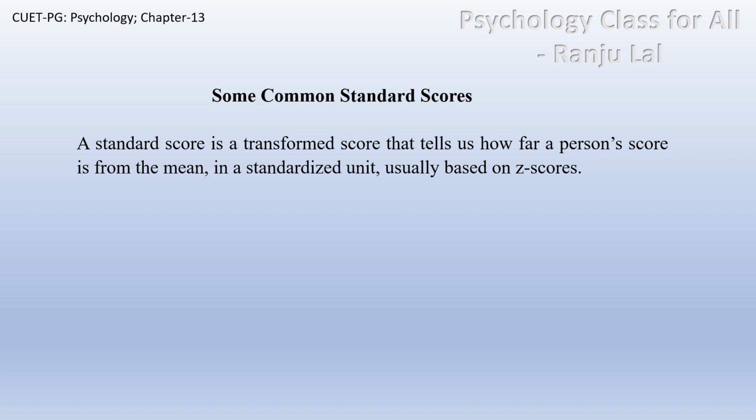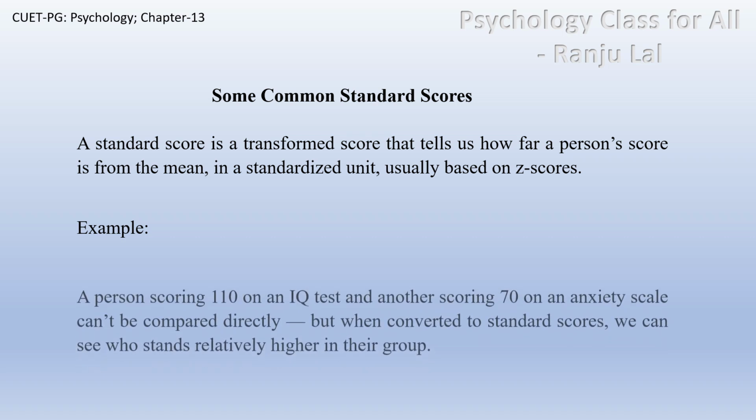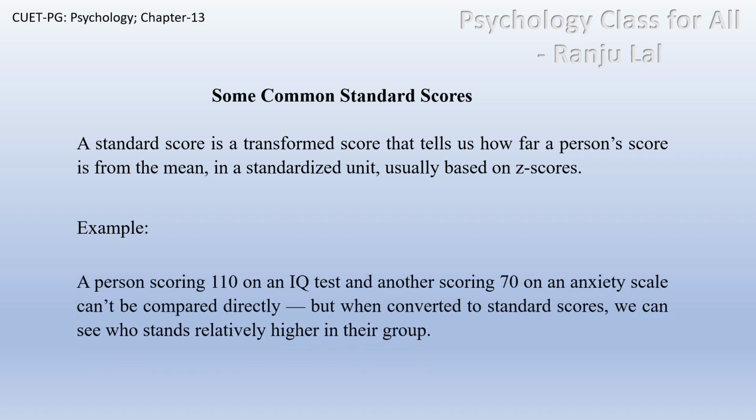Let's take an example. A person scoring 110 on an IQ test and another scoring 70 on an anxiety scale. That can't be compared directly. But when converted to standard scores, we can see who stands relatively higher in their group.